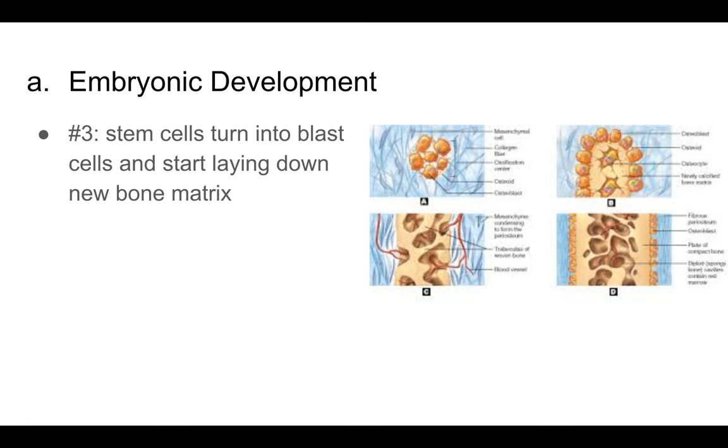So in number 3, which is C, we see the new bone matrix being formed, and we see the migration of these blood vessels in. And the last thing is that we see the formation of the periosteum around the flat bone. So the periosteal layer is going to form here on the outside.